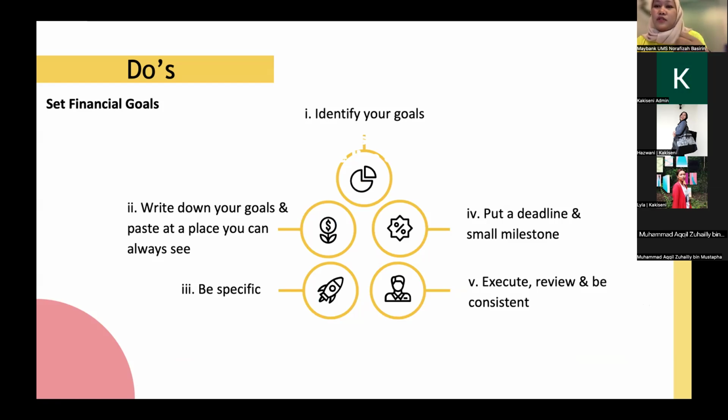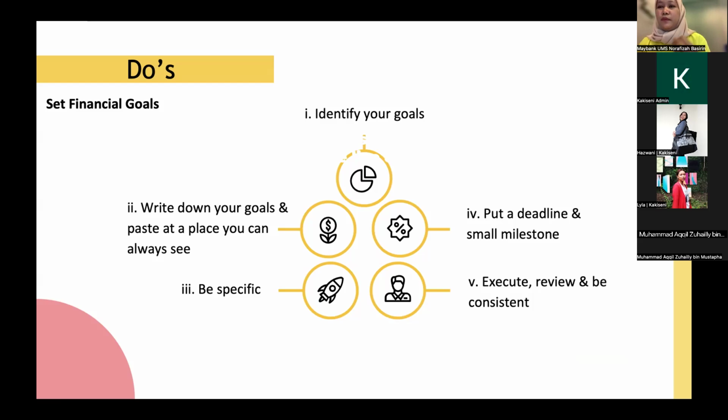And your goals have to be specific. It cannot be too generic, because if it's too generic, for example, my goal is to become rich, that is too generic. So you have to be more specific. For example, I want to have 1 million ringgit in my savings account before I'm 25 years old, something like that.